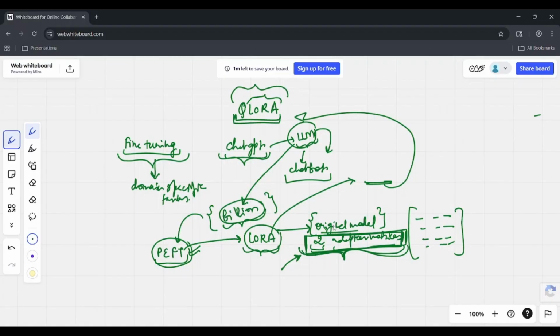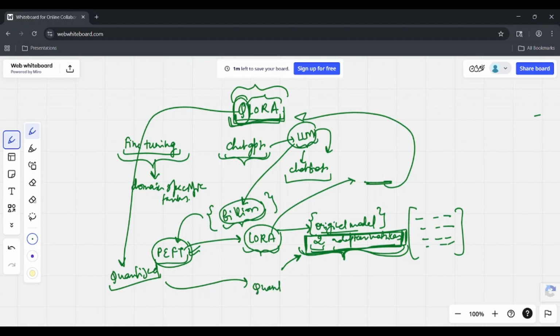Now, in order to understand what QLoRA does, we first need to understand what this Q stands for. This Q is nothing but quantized, and in order to understand what quantized means, you need to understand what quantization is.